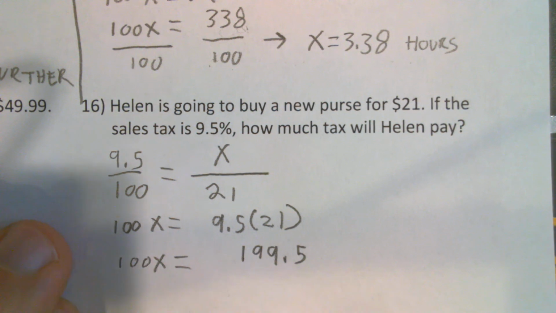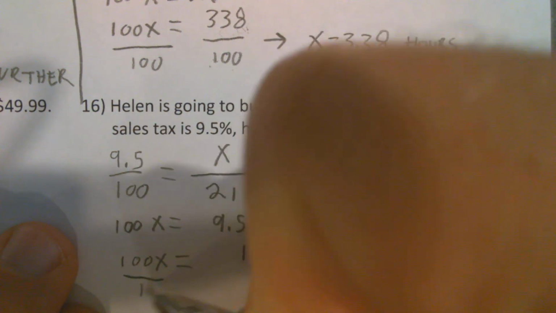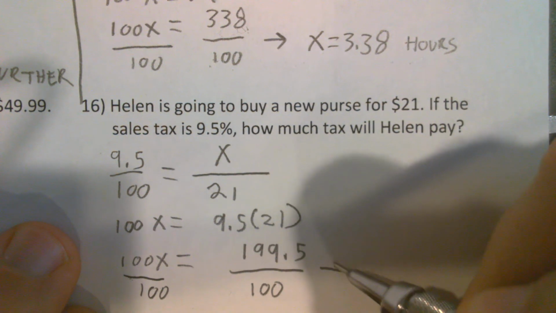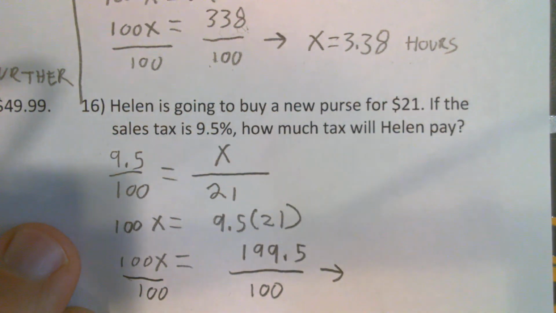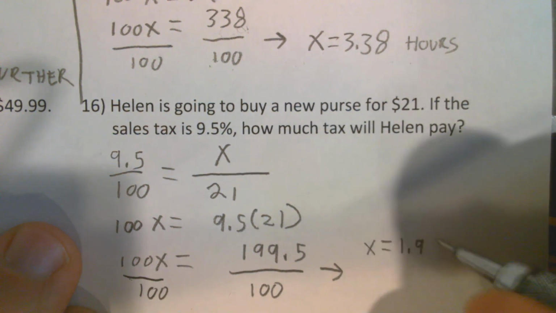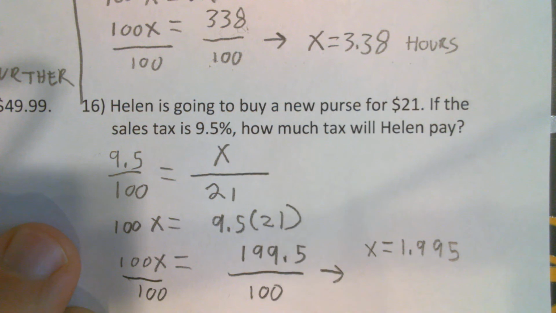Alright, we want to get x by itself, so we divide by 100. Move our decimal spot 2 times. That'll give us x equals 1.995. Again, we're talking about money here.